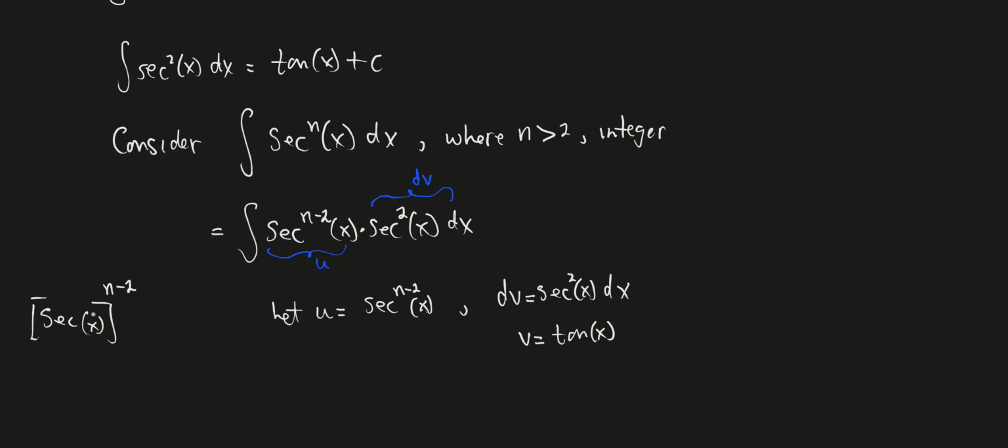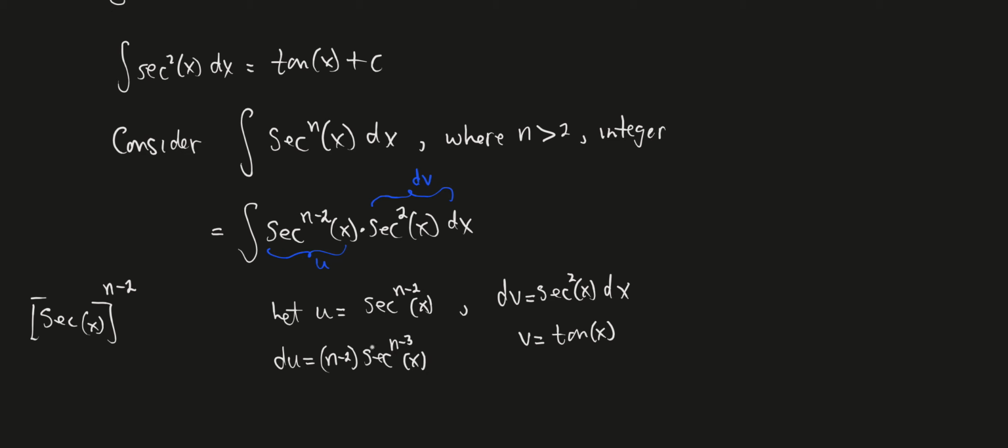So what I can do is start by differentiating the power. So when I go to write down my du, bring the power down, so that's the quantity n minus 2, and subtract 1 from this power. Well, if I subtract 1 from n minus 2, I am going to have n minus 3, right? So we have that part.